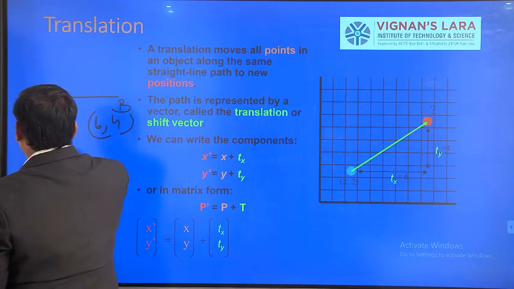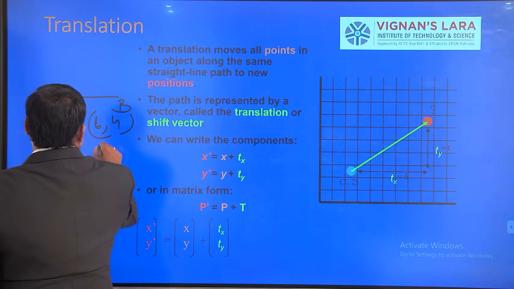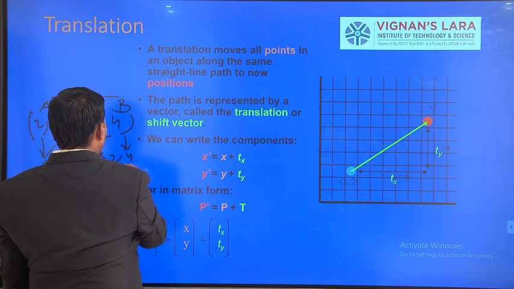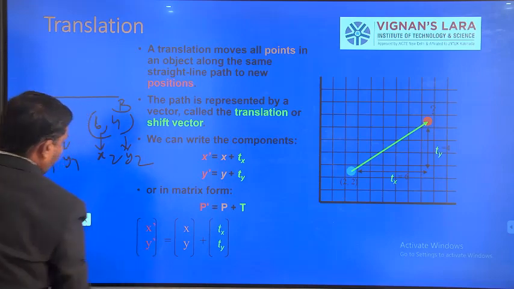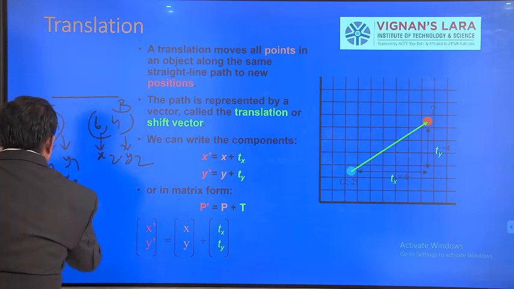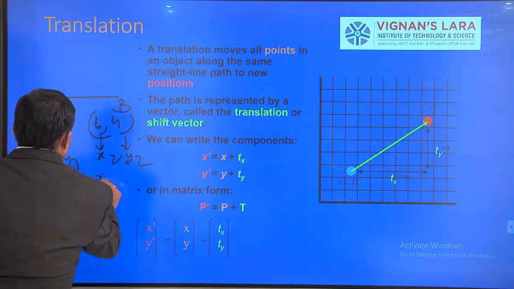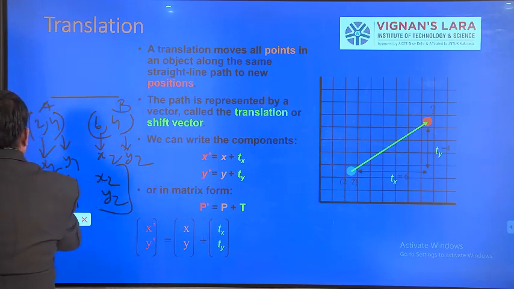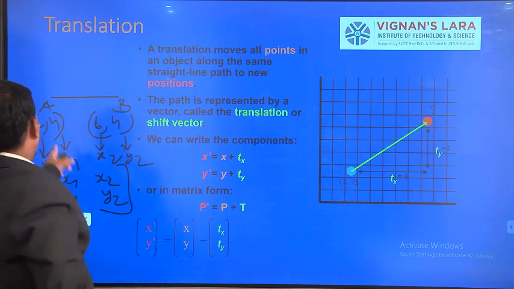Simple way: let 2 be x1 and 4 be y1, and 6 be x2 and 4 be y2. Then write down x dash, y dash as a vertical column, x1, y1 for A, and besides that you place x2, y2 for B. This is the AB straight line in matrix form.